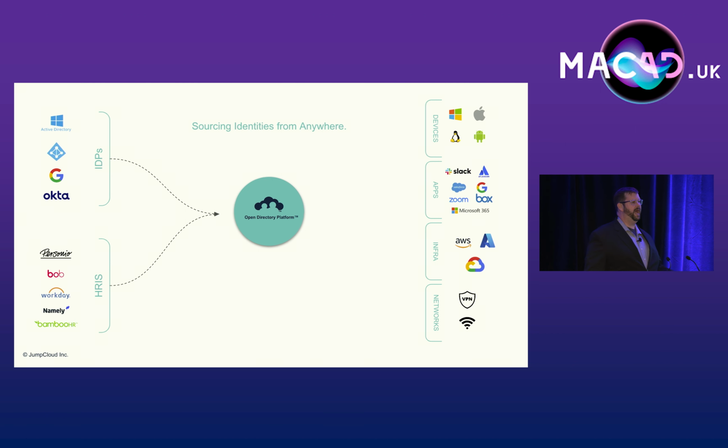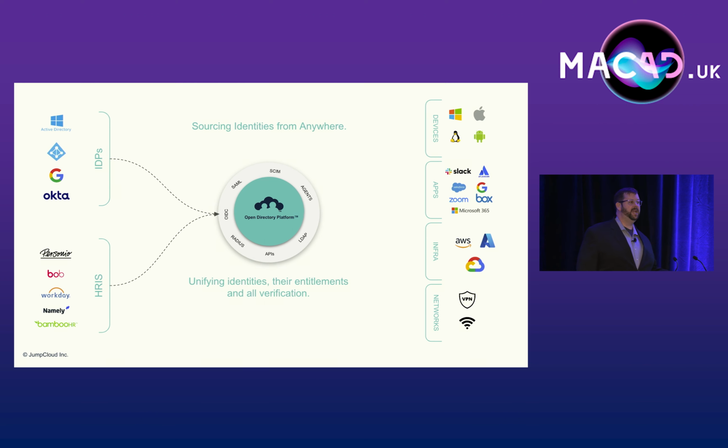And when we think about what an open directory platform is, you have a ton of different pieces providing you identities all of the time. HRIS systems, IDPs, and they can feed into our Open Directory platform. We can also serve as that IDP role, or we can be a service provider in those cases. But what we're there to do is unify the identities and their entitlements and all of the verification associated with those identities.